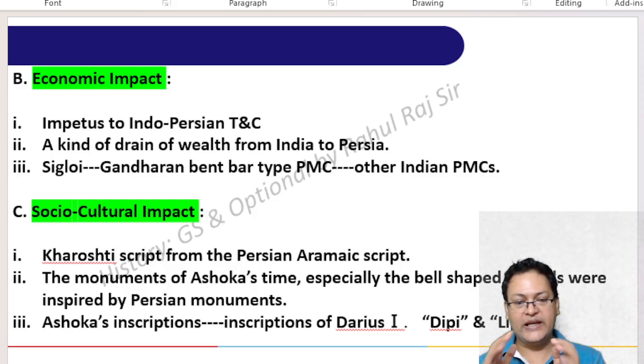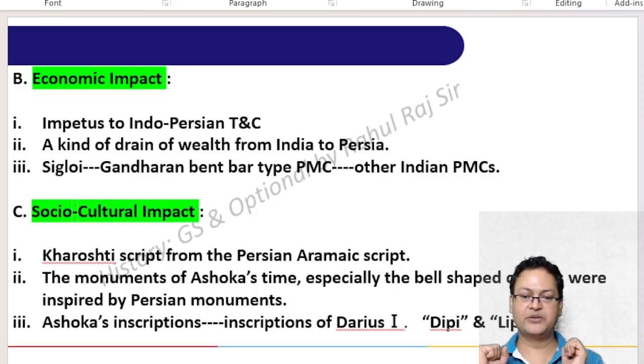Later on we'll see that Ashoka would use this Kharoshti script in his northwestern inscriptions like Shahbaz Garhi, Mansehra. This Kharoshti script developed from the Persian Aramaic script. Aramaic is written from right to left, and Kharoshti is also written from right to left, like Arabic and Urdu. So this is the most important socio-cultural impact.